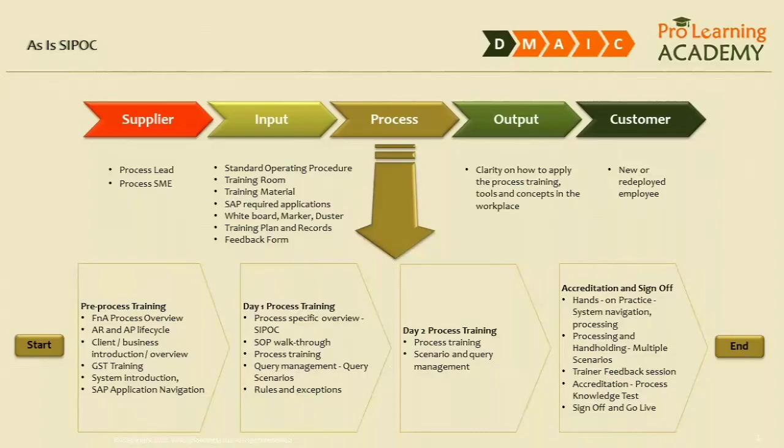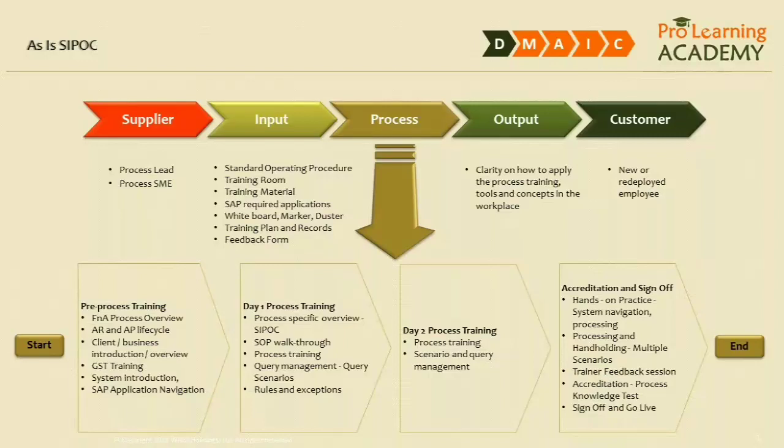So your inputs, for example, you take an example of a training. Supplier is your trainer, but the trainer will require the training room, training material, the training guide, or let's say SOP or standard operating procedure, your whiteboard, marker, duster, training plan, and so on.